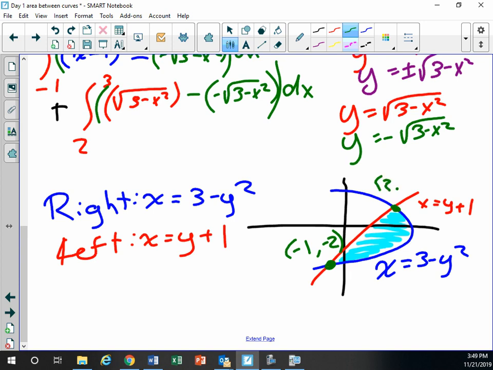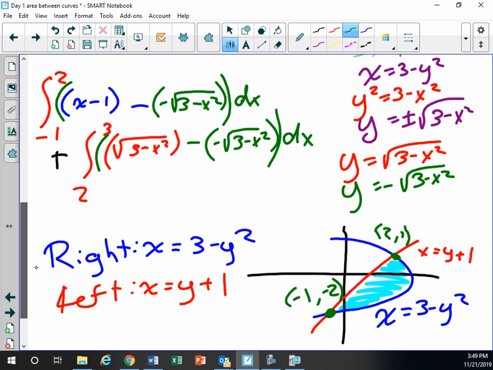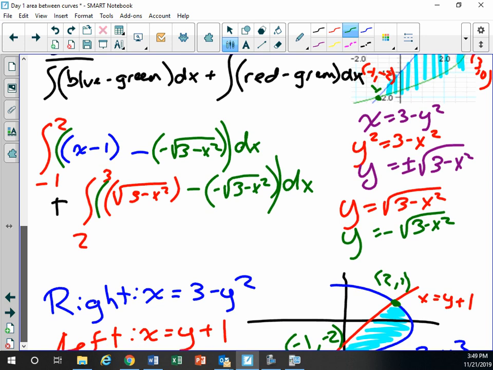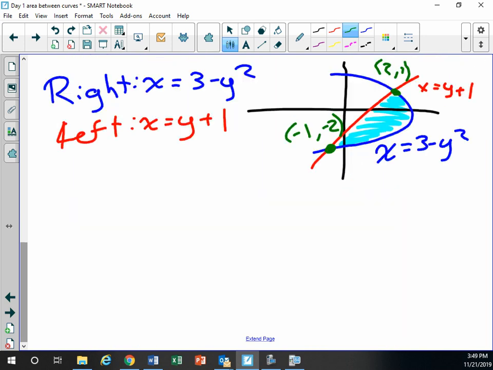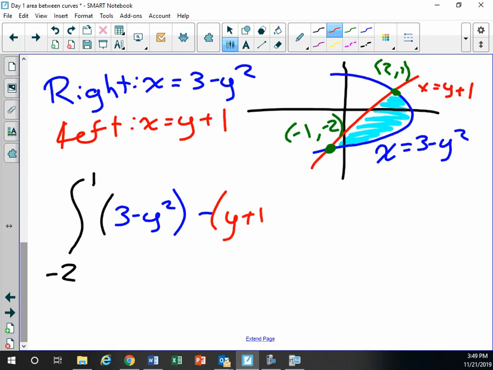This was 2, 1, if I remember correctly. Make sure I'm right. Yep, 2, 1. And now I'm literally going to set it up. The y values are what I care about, so that's -2 and 1. The right, 3 minus y squared, minus the left, y plus 1, dy.